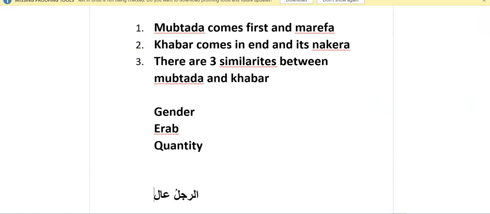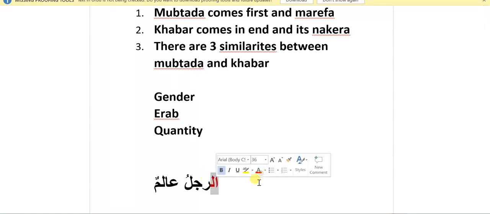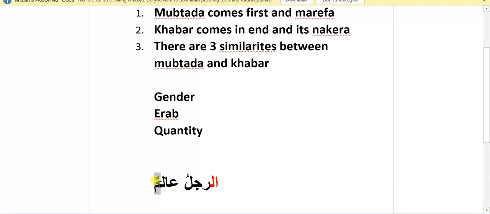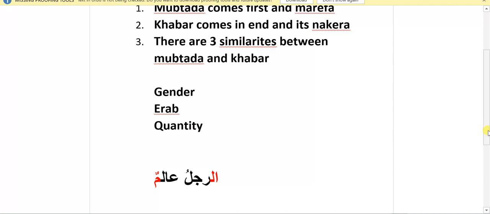Ar-rajulu alimun. Here in ar-rajulu alimun, ar-rajulu is mubtada because it comes first and it is marifa, whereas alimun is nakera and it's khabar because khabar is nakera and it comes after mubtada. So ar-rajulu alimun is a complete sentence. It means the man is the knowing person, or the man is an alim. Between mubtada and khabar, i'rab, quantity and gender should be similar and equivalent.